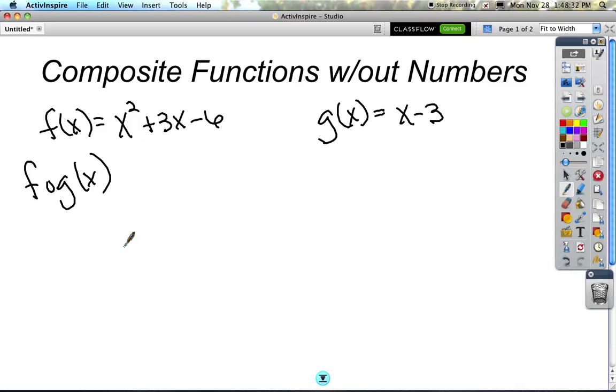Okay, which one am I starting with? I'm starting with the g, which is x minus 3. Now here's what happens. I'm going to do what to it? Square it. And then here's the big mistake. What did they not do that I'm supposed to do?